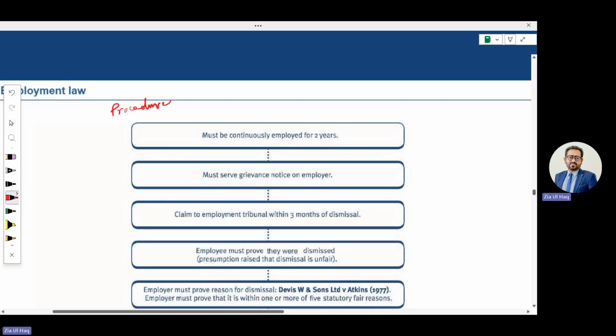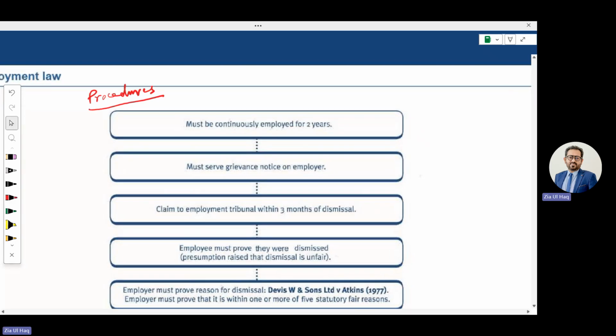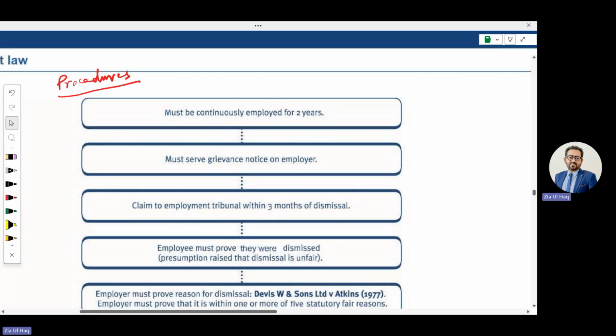If you are going to sue the employer against unfair dismissal, there is a procedure. What is the procedure? You must be continuously employed for 2 years, meaning you have been working with the organization for the last 2 years. You must serve a grievance notice on the employer, meaning you communicated with the employer that your dismissal is not fair.